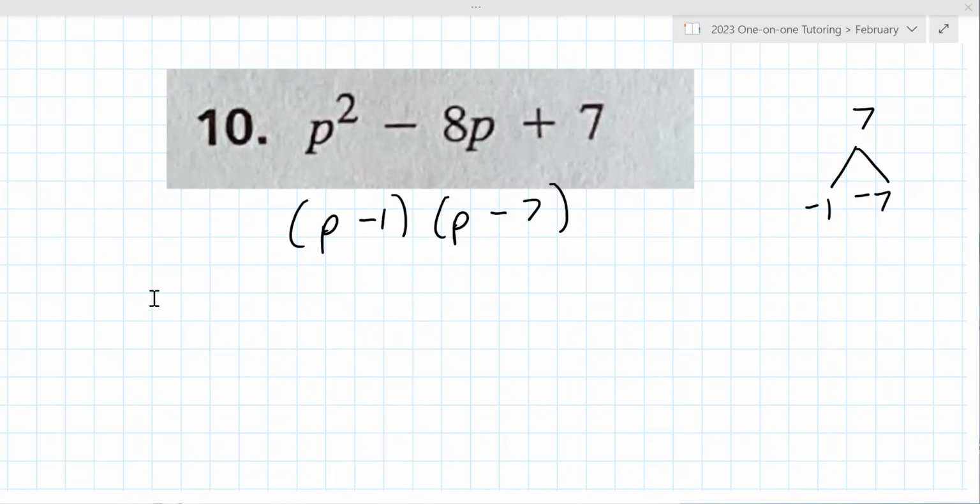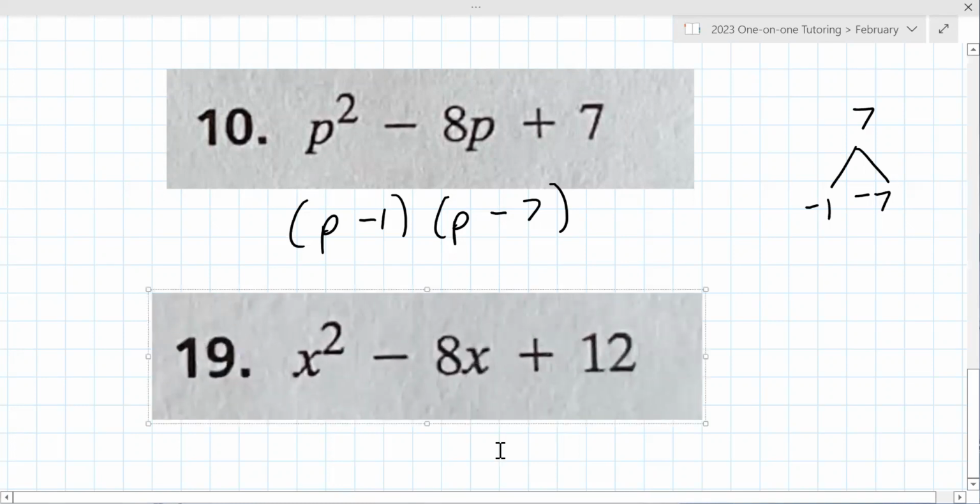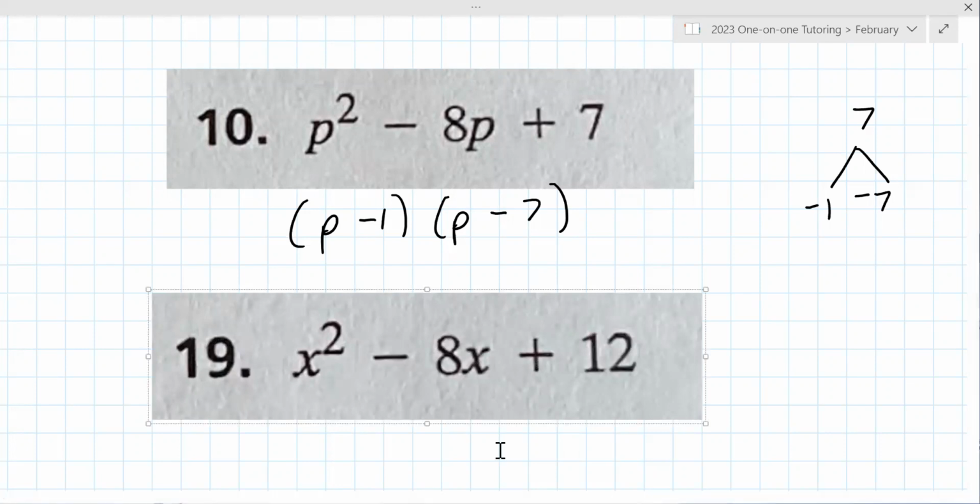So let's look at 19. I'd like you to try 19 on your own here and see what you come up with. It's just like 10, it's just like 7, just different numbers. -6 and -2.